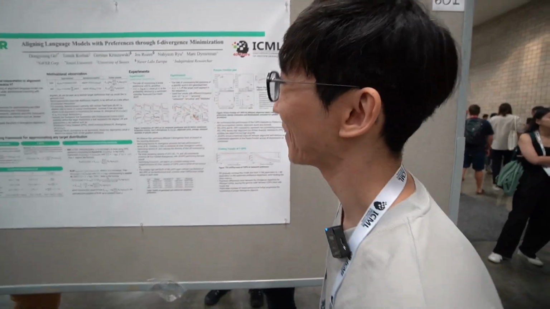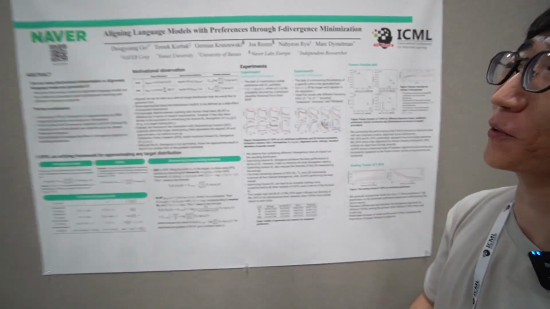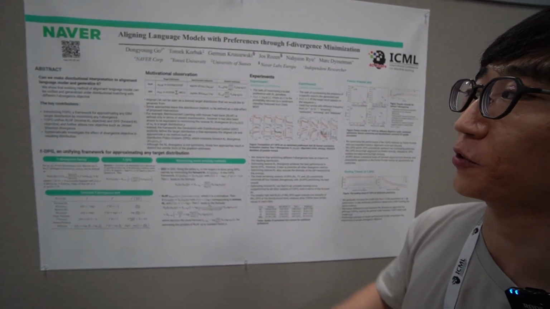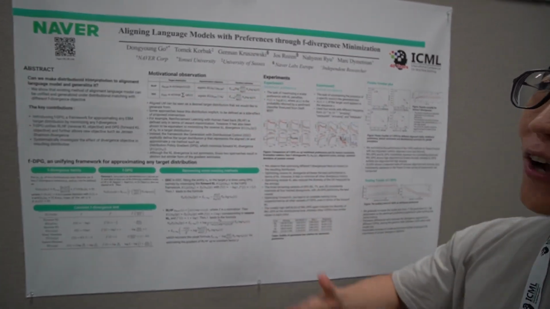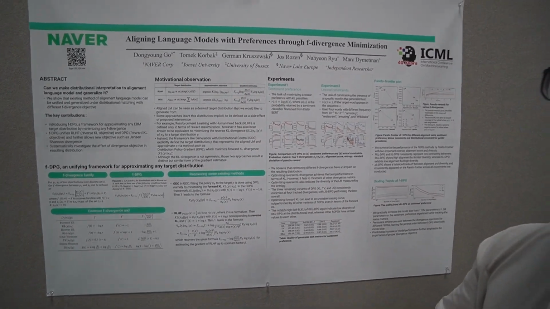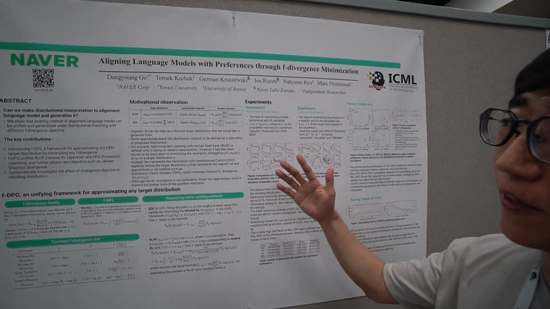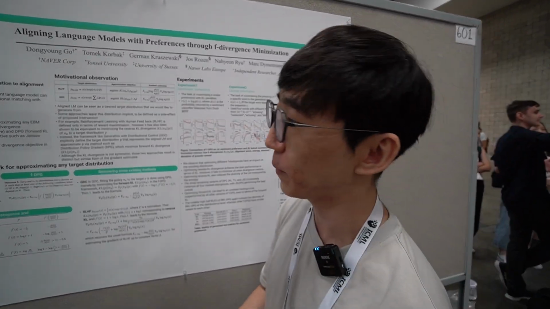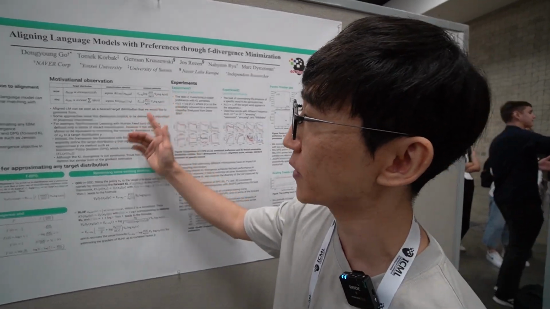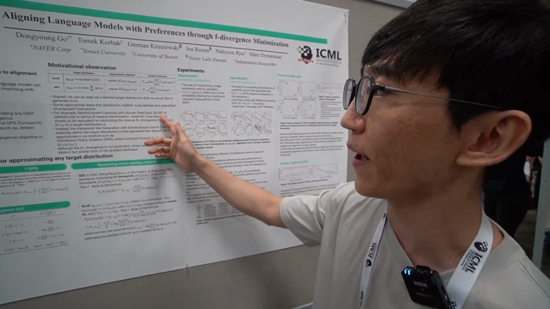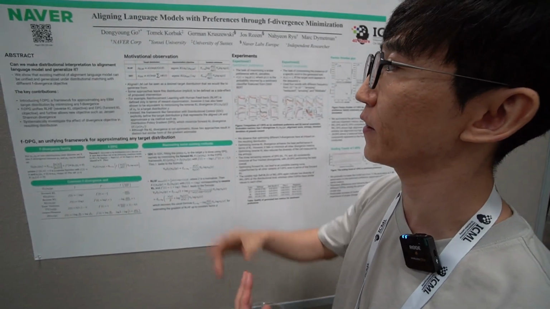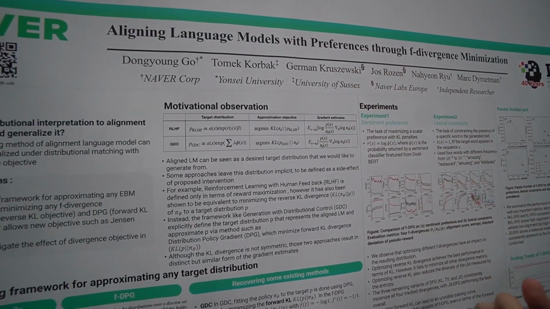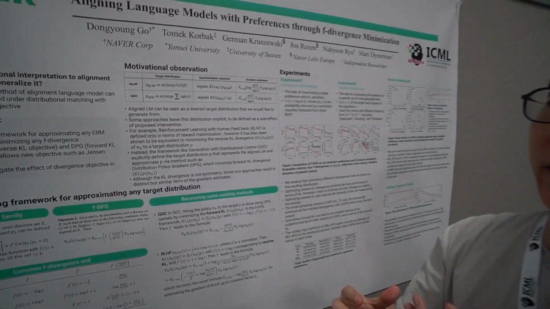Yeah, go for it. So here what I'm trying to do is give a distributional interpretation to the RLHF method and other language model alignment methods, and then also generalize it to further objective functions. Maybe a lot of you are familiar with RLHF, which stands for reinforcement learning from human feedback, which first defines the reward classifier as a preference, and then maximizes it with some KL penalty.